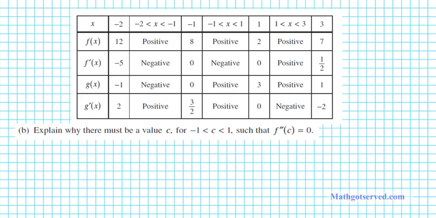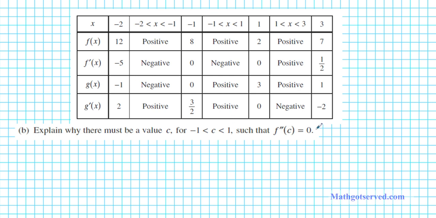All right, let's take a look at the B part. It says explain why there must be a c for -1 less than c less than 1, such that the second derivative of f at c is equal to 0. All right, we do not have the graph of f prime here, so we're basically trying to use f prime.